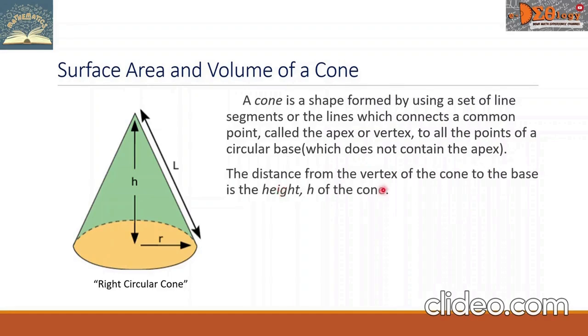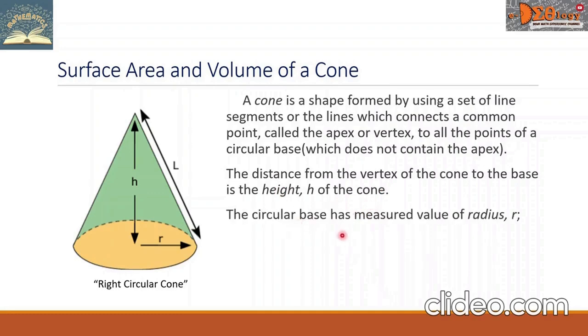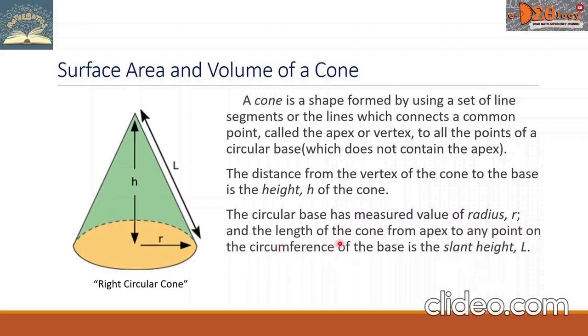The distance from the vertex of the cone to the base is the height h of the cone. The circular base has measured value of radius r, and the length of the cone from apex to any point on the circumference of the base is the slant height, capital L.